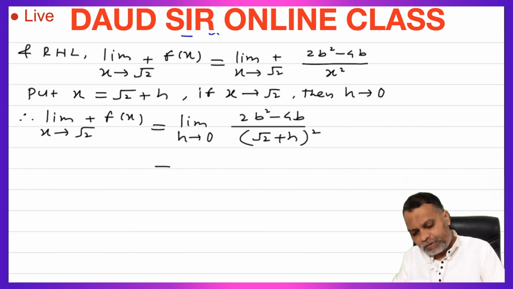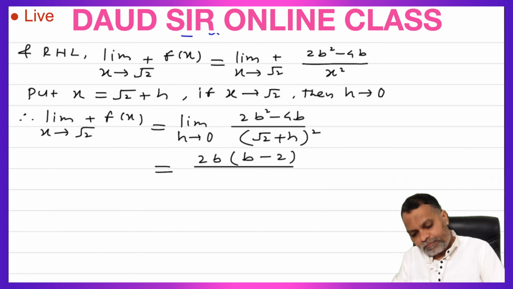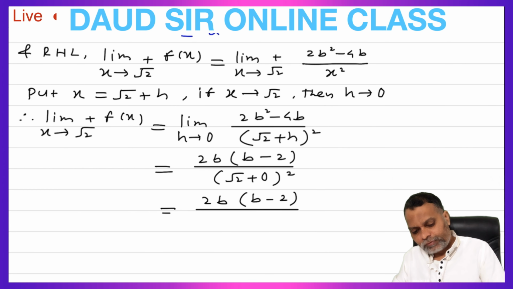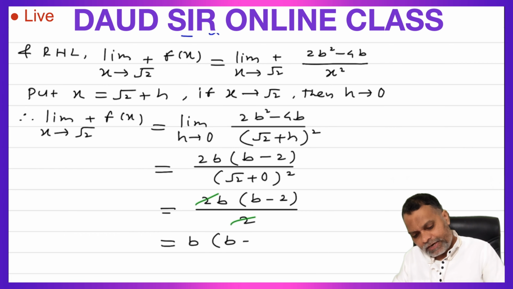Put h is equal to 0 directly, and from numerator 2b common, it is b minus 2, and denominator root 2 plus 0 whole square. Simplify this, 2b into b minus 2 upon root 2 square 2, this 2 gets cancelled. So we have got right hand limit b into b minus 2.